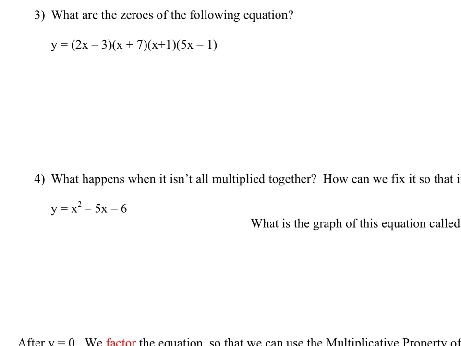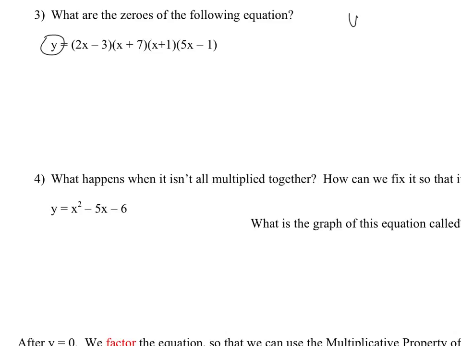Alright, looking at this one, what are the roots of this equation? Now what you're going to see is that this is slightly different from the last equation because the y over here is there. In the other equations y wasn't there. So sometimes they're going to ask you to solve and the 0 will already be there, and sometimes there'll be a y.